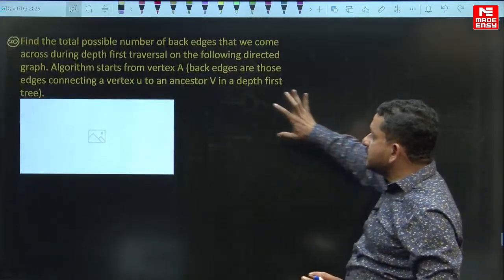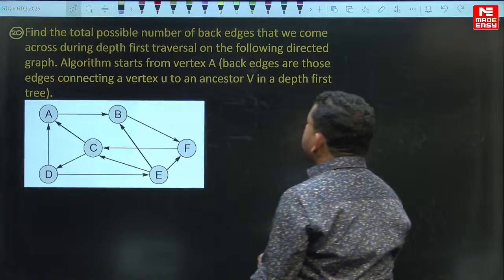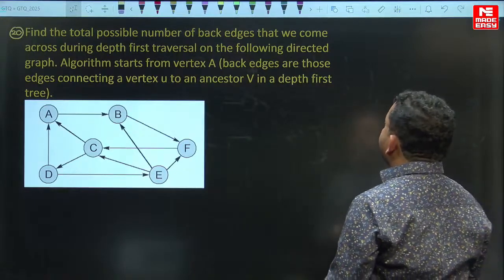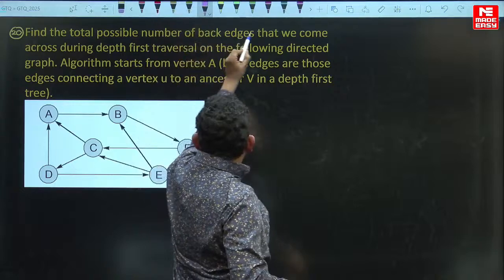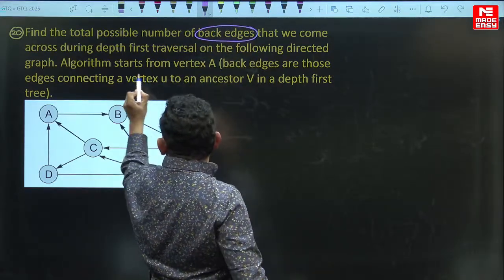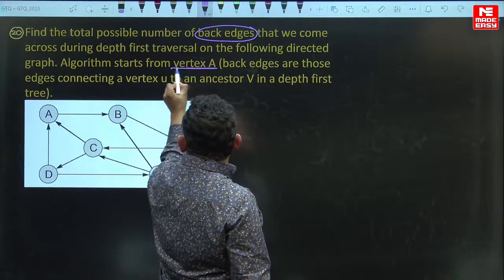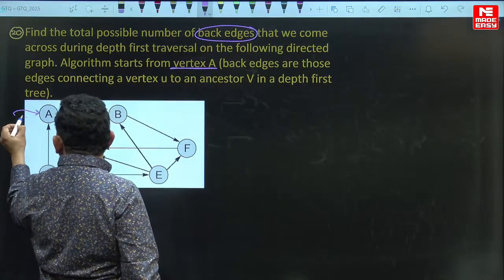Okay, last question. Find the total possible number of back edges. The number of back edges from source A; it starts from A, A is the source vertex.